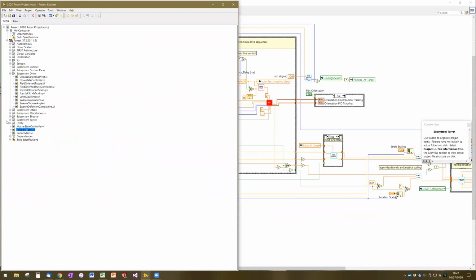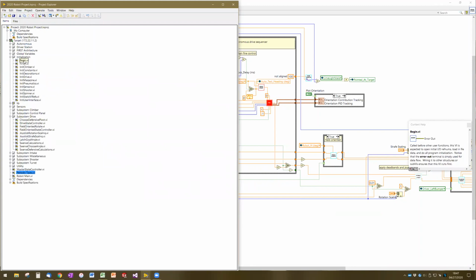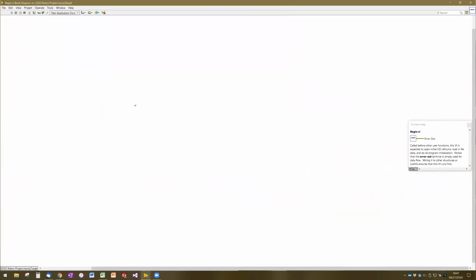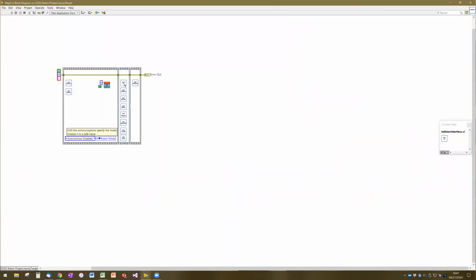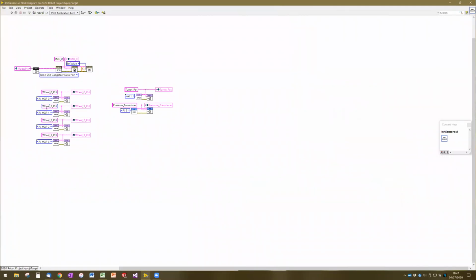That is under our initialization folder. And then if we go to begin, and then we go to initialize sensors, what we've got is the analog input that the azimuth encoder is going into.